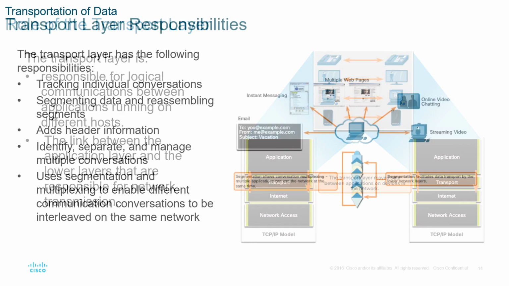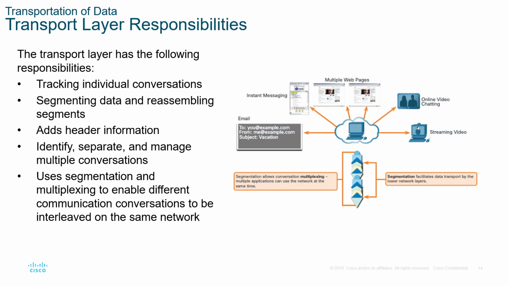This next section talks about the responsibilities of the transport layer. Again, you can see we're tracking individual conversations. The client there, the PC, has multiple things going on. There's header information on all of our segments. We have to have a way to identify, separate, and manage all these conversations because most people are using multiple applications all at the same time, right?